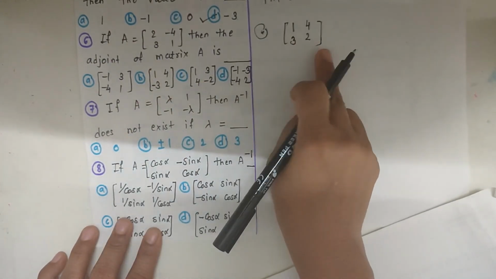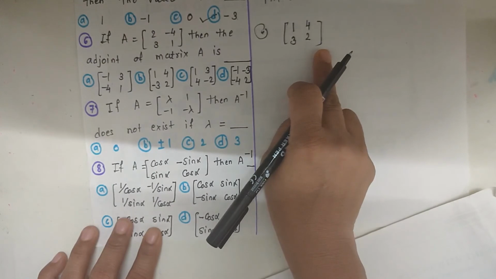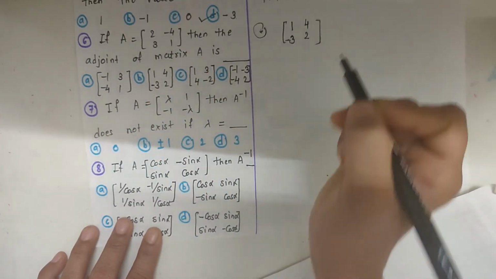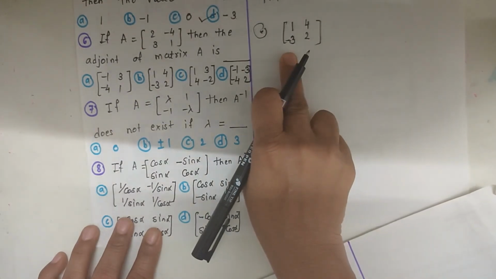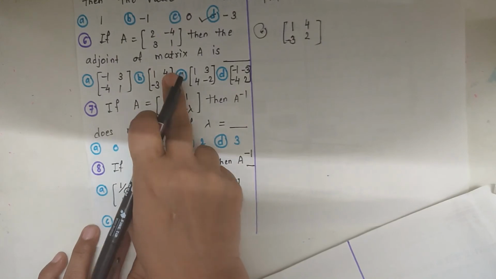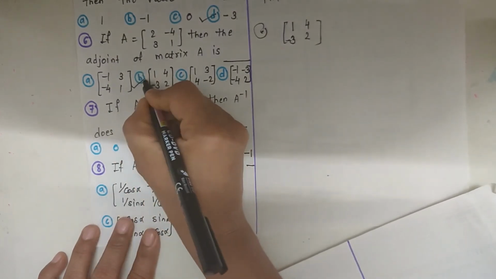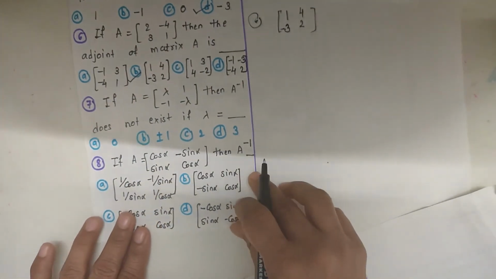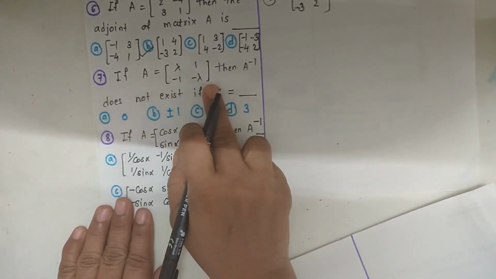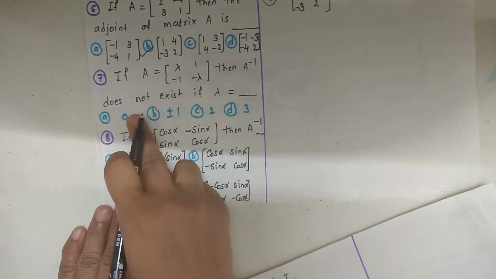So 1 4 3 2, and here exchanging the sign, we get -3. So the correct option is 1 2 4 and -3. Correct option is B.